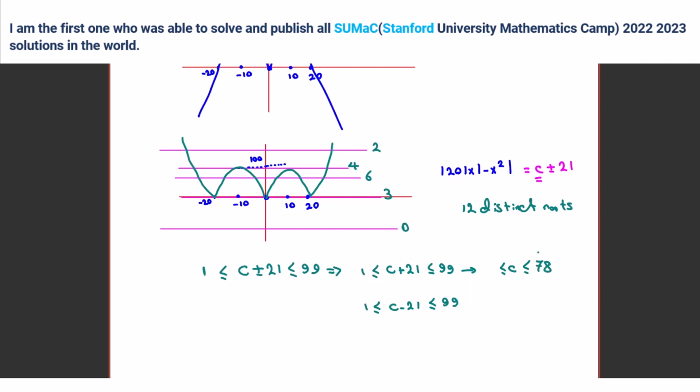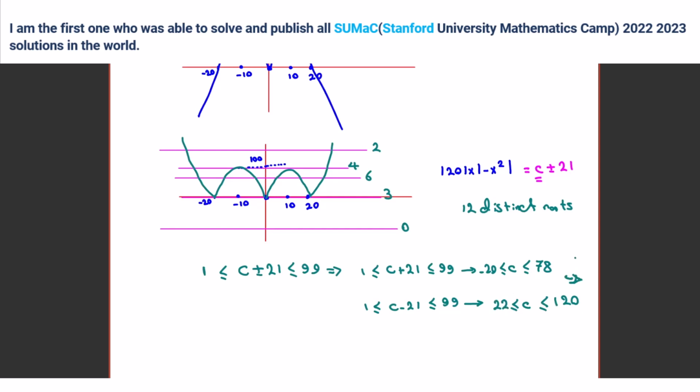Yes, at most 78 and more than or equal to negative 20. What about the next one? At least 120 and at most. C is at most 120. Not at least, that is for this one, okay?